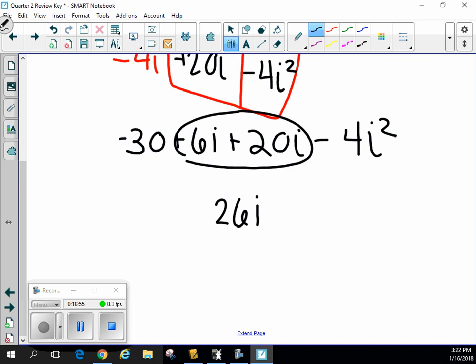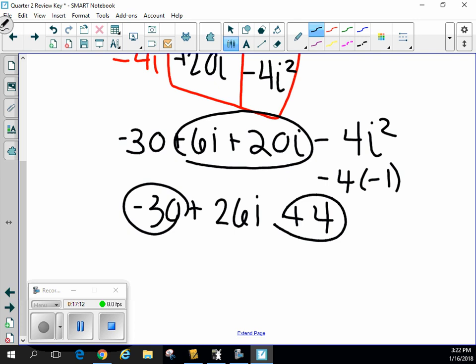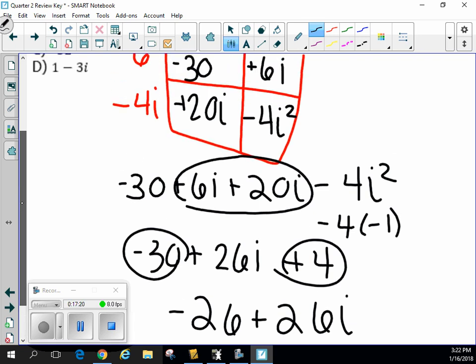But remember, i squared is the same thing as negative 1, so this is really negative 4 times negative 1, to make that positive 4, and negative 30 out front. So now if we look at this, negative 30 plus 26i plus 4, if I combine like terms, ends up giving me negative 26 plus 26i. So that answer is A.